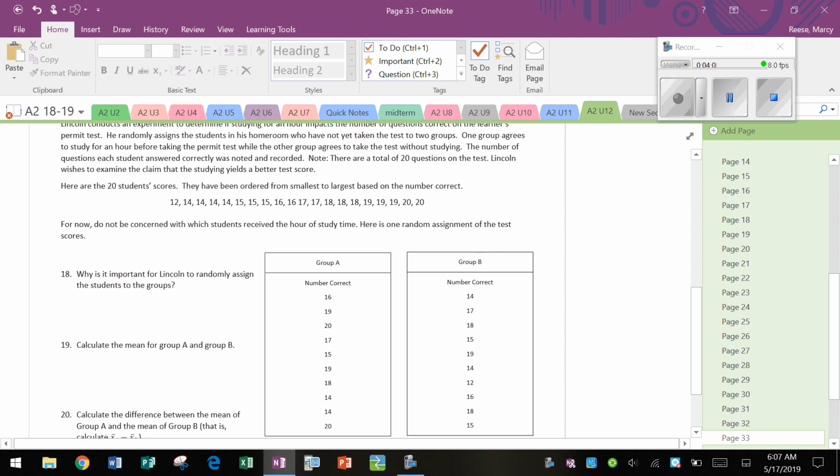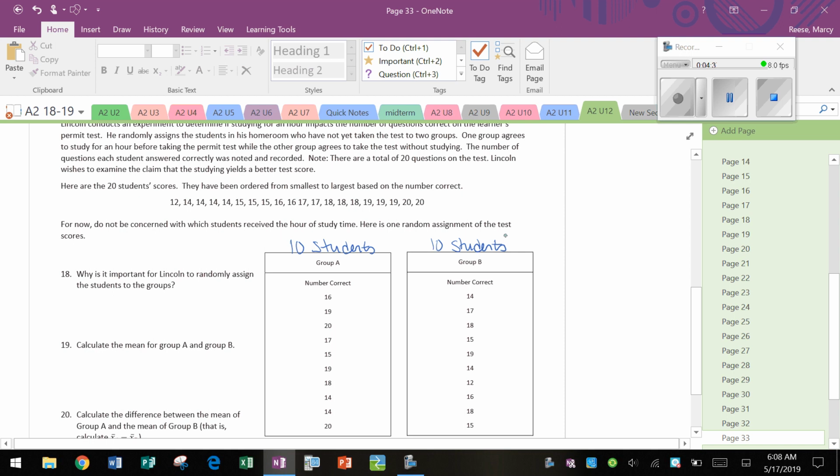For now, do not be concerned with which students received the hour of study time. Here is one random assignment of the test scores. Okay, so here's group A. So you randomly assigned a number of kids to group A and a number of kids to group B. So there's 10 in each. There's 10 students here and 10 students here.